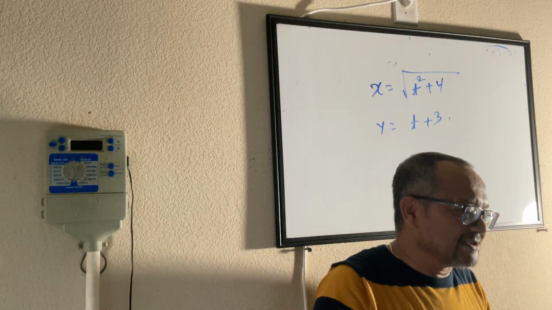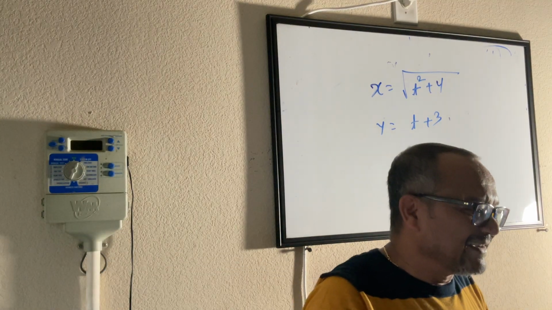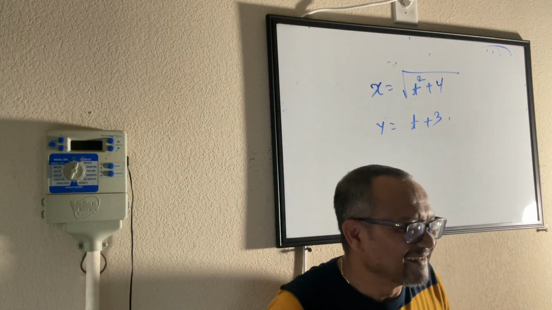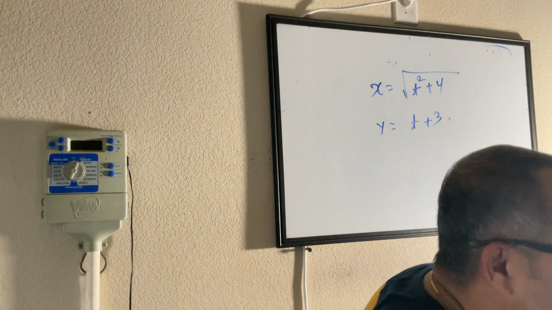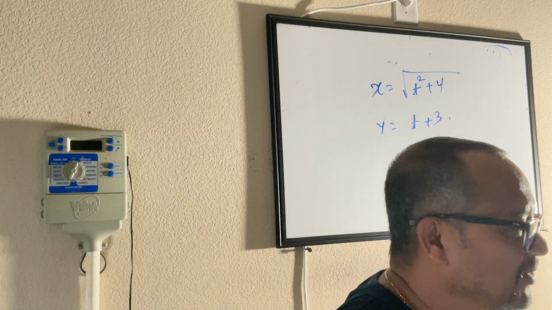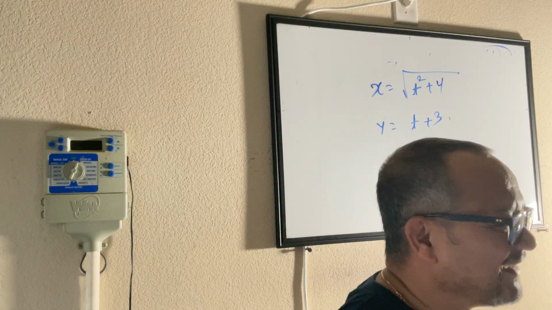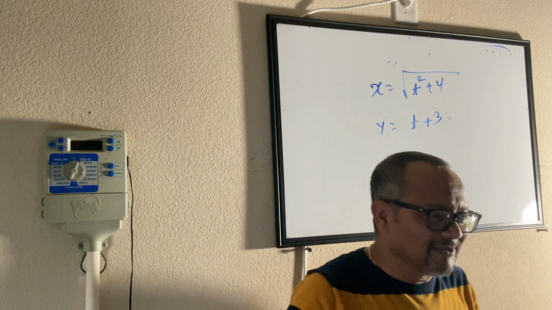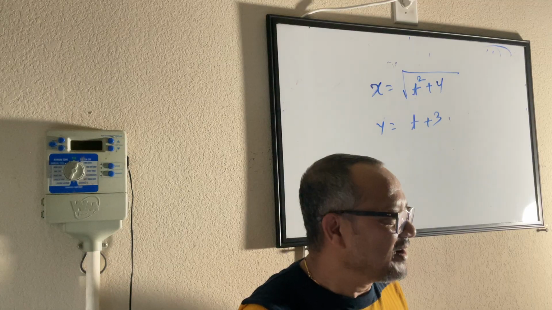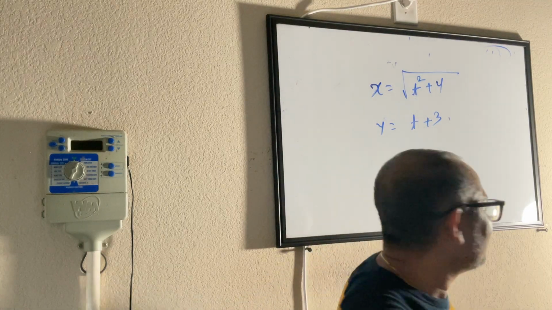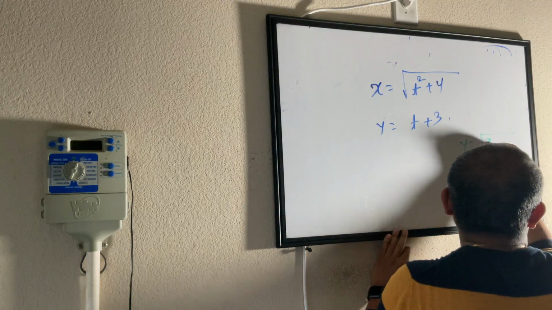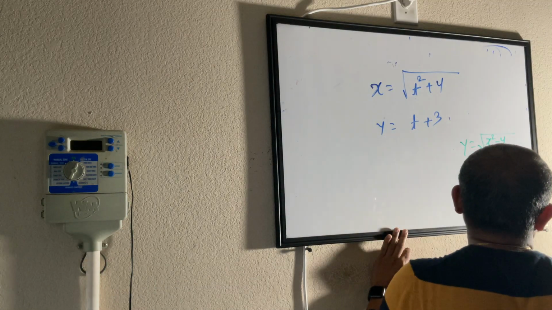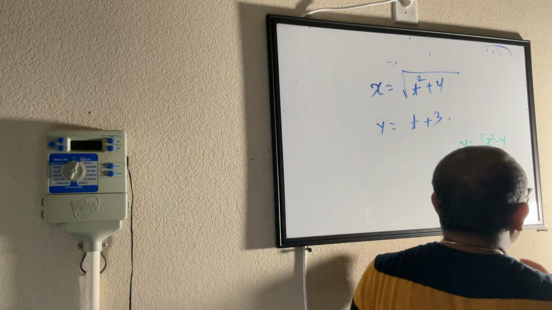Let's see what Sahid says. Sahid, what's your answer? Okay, Harush, tell me. So y is equal to the square root of x squared minus 4, plus 3 outside of the square root.